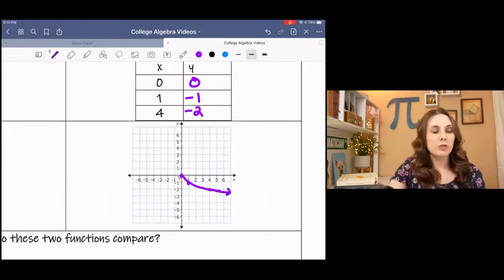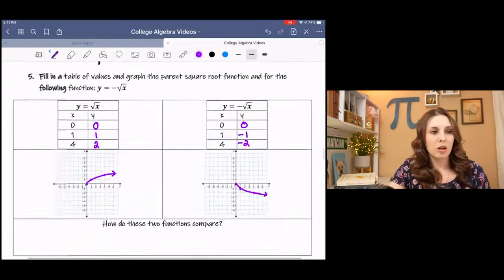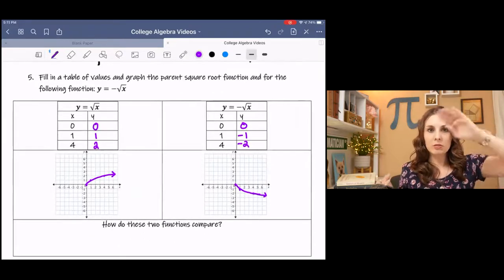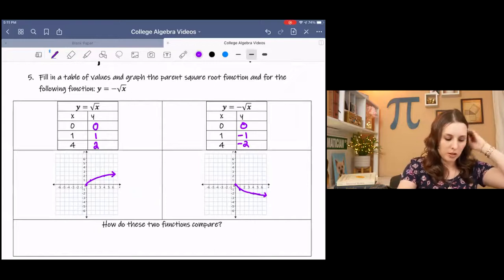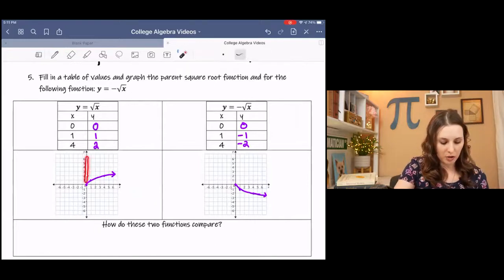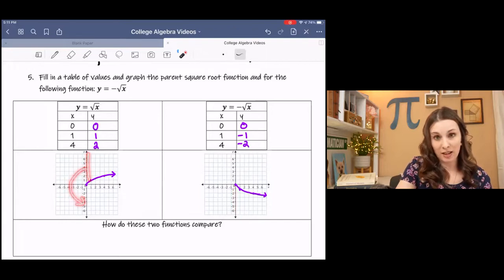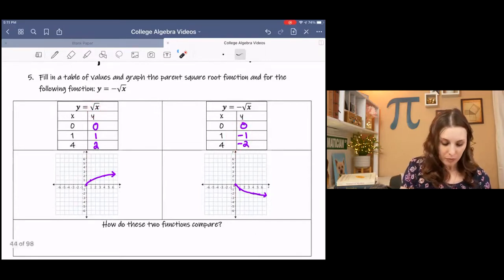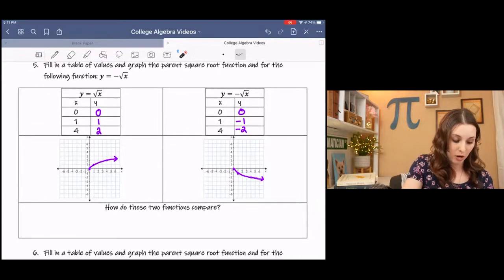Our little curve is now flipped or reflected over. So these positive y values got reflected into the negative y values, because we're literally taking what we got for y and making them negative. So how do these two functions compare?